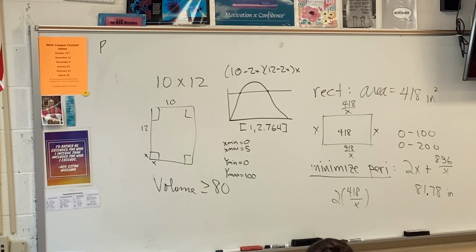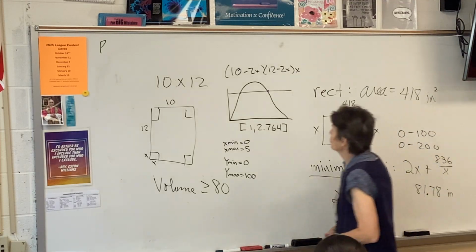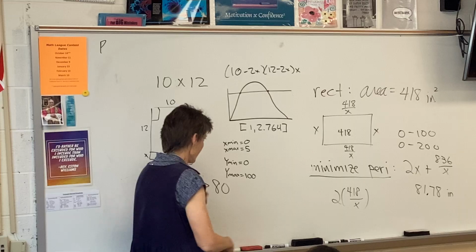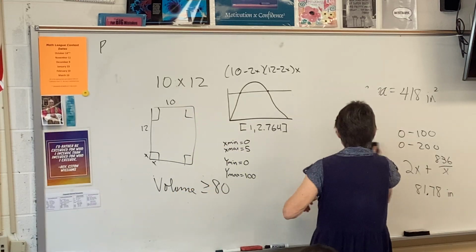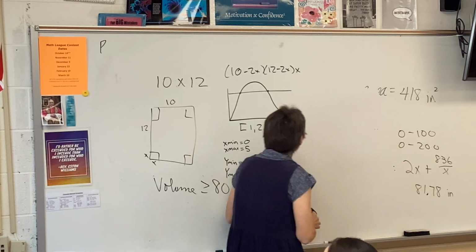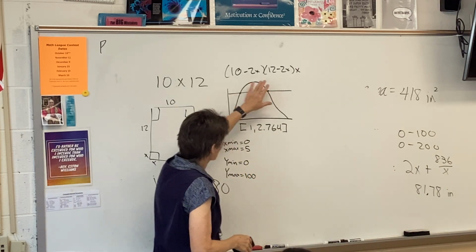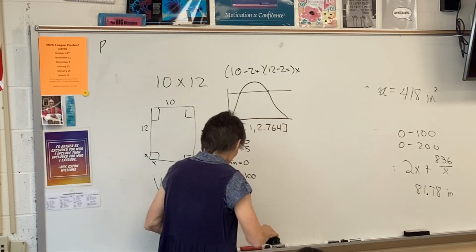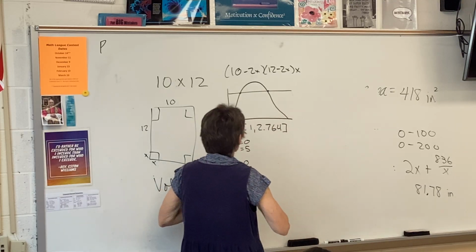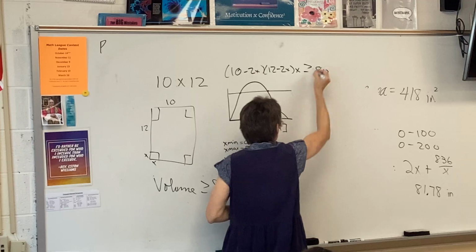All right. So the equation they set up was 10 minus 2x, times 12 minus 2x, times x. That's your volume. And we want that to be bigger than or equal to 80.